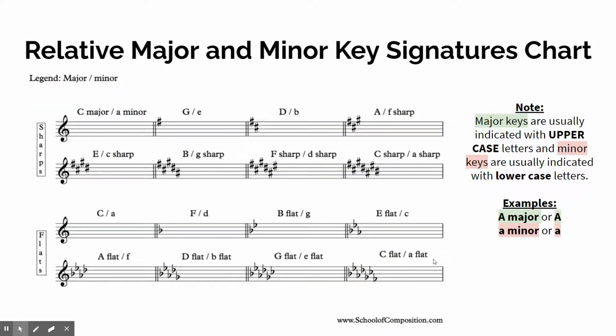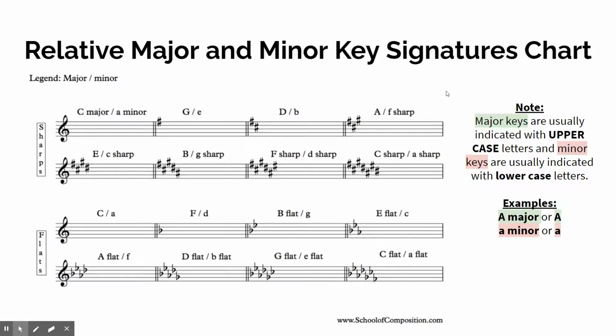Here's a chart showing major and minor key signatures. So if we look up here, we have C major, has no sharps or flats. The relative minor key is A minor, meaning if you were to take the same notes in a C major scale, but instead of starting on C, you started on A, and you played all the same notes, you would get an A minor scale.